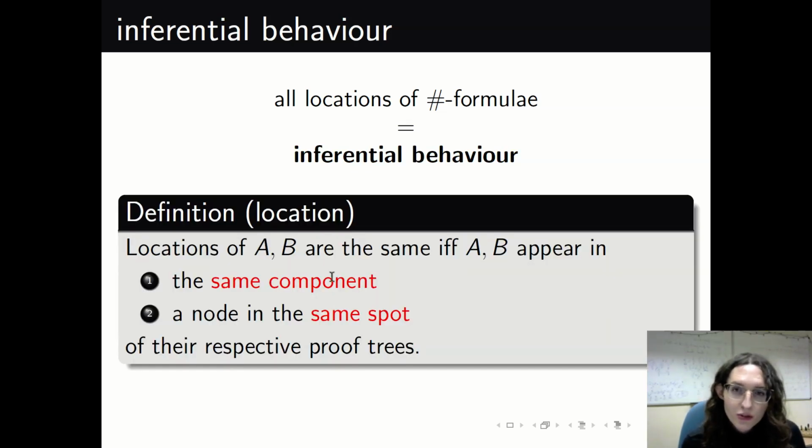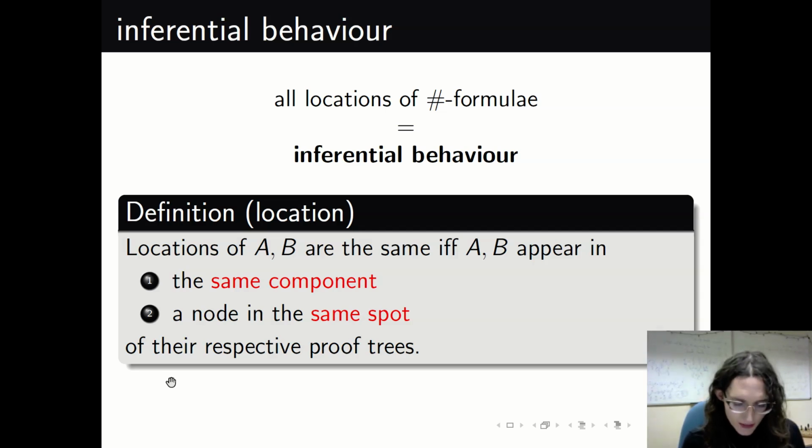Now, two formulae are in the same location if and only if they are in the same component, on the same side of the sequent symbol, and on the same proof step, in the same node, on the same spot of the respective proof tree.